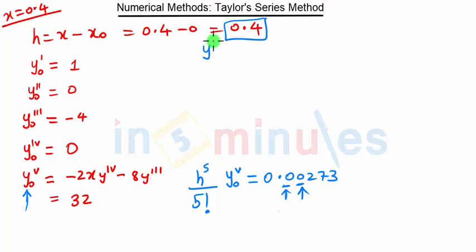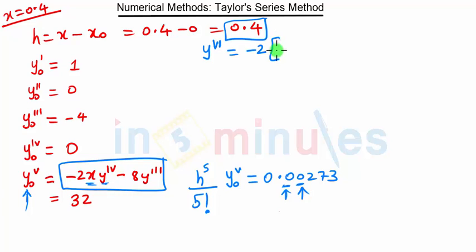So y's sixth derivative is the derivative of this term. So minus 2, x into fourth derivative will be u into v rule. So derivative of x is 1, y raised to 4 remains as it is, plus fourth derivative of this will be y raised to 5, x remains as it is, minus 8. Here we have third derivative of y, again we take the derivative, we will get the fourth derivative.